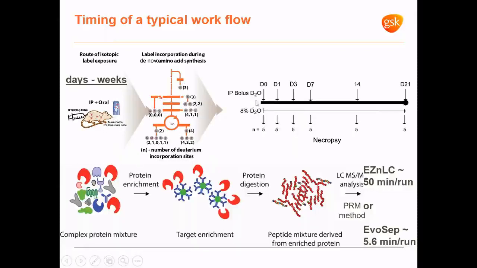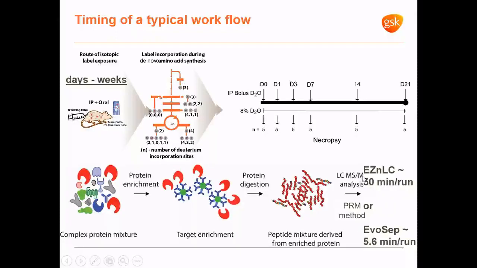So the mouse is labeled over a time series from 0 to 21 days. Here we're incorporating affinity enrichment of a bespoke target, subsequent digestion, and LC-MS in a PRM method.